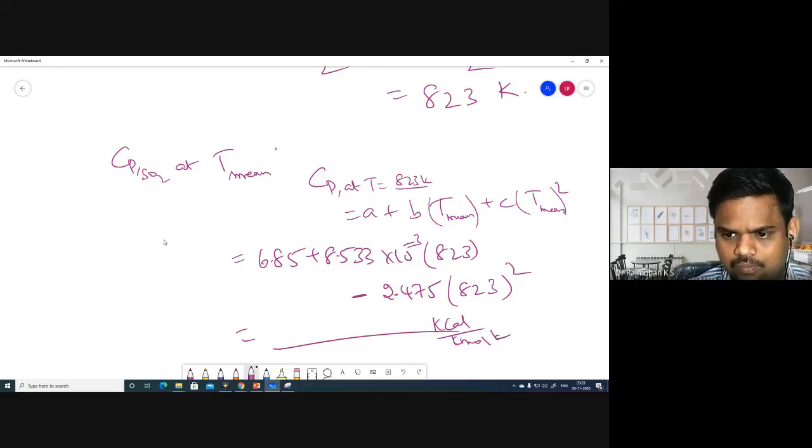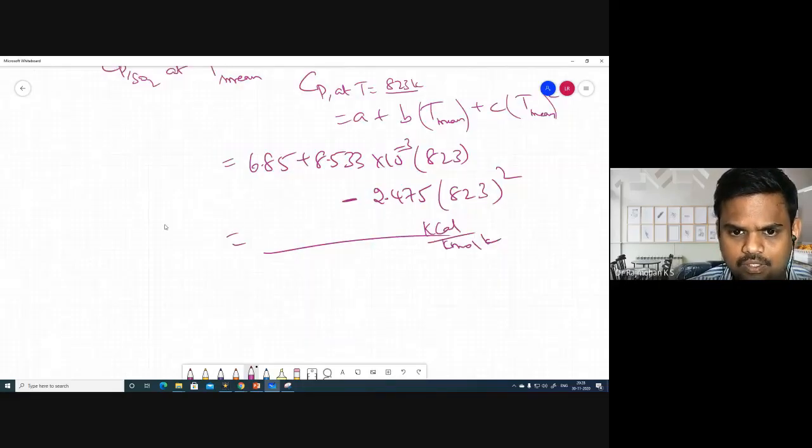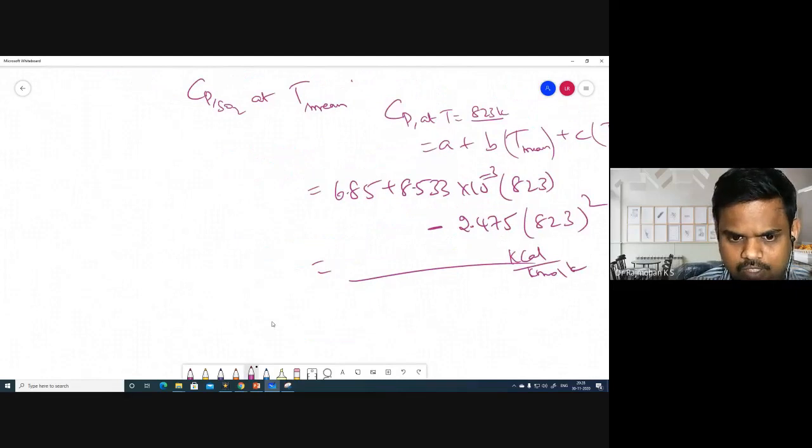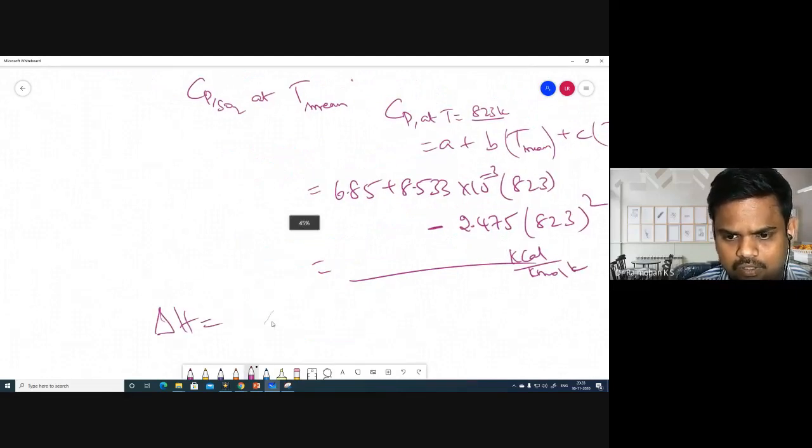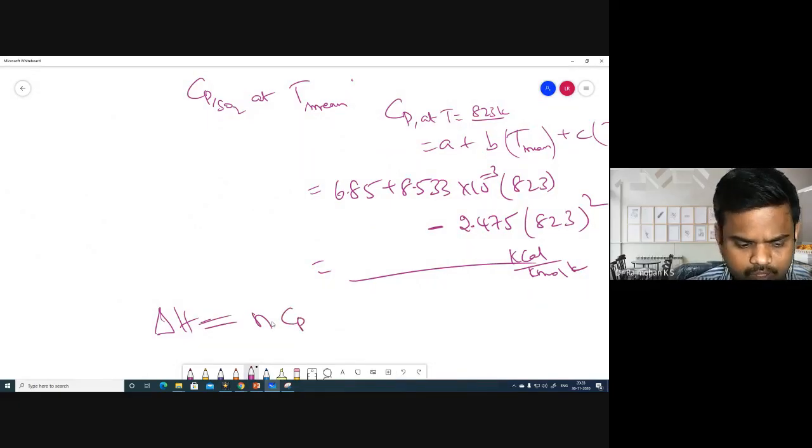Again, to get the delta H value, delta H equals N Cp dT.